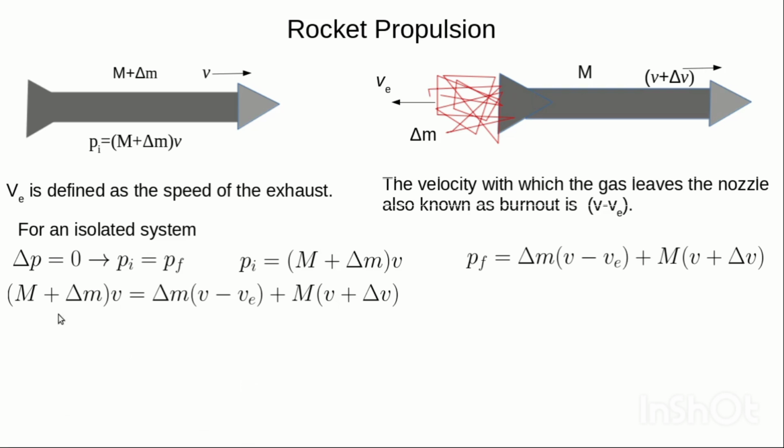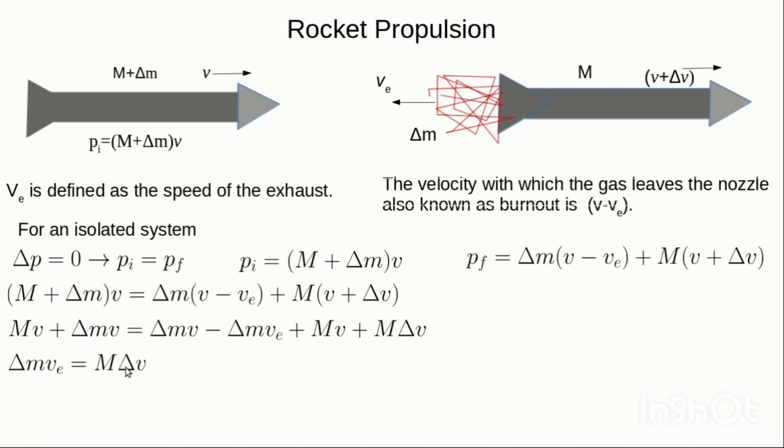Then we can expand this expression and we get this times this, this times this, equal to this times this, this times this. Then this mass times this velocity plus this mass times change in velocity.